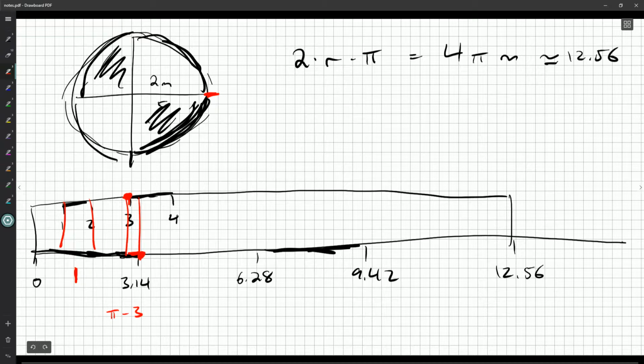And then we don't really care about the rest of that, and then it'll go 5 to 6, ending just before the shading starts here. Starting again at 7 to 8, now they're both shaded. And then 9 up to 10, but again, we're cut off. We have another 1, and then we're cut off here.